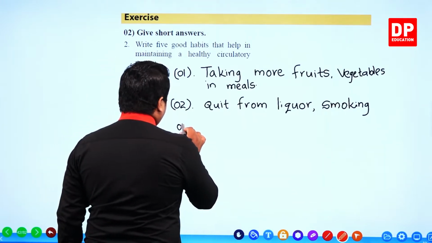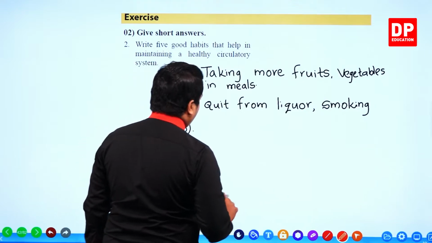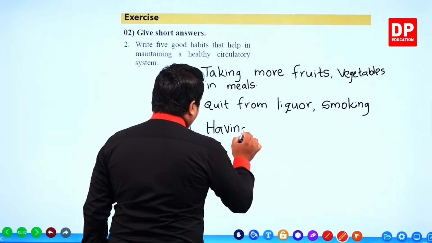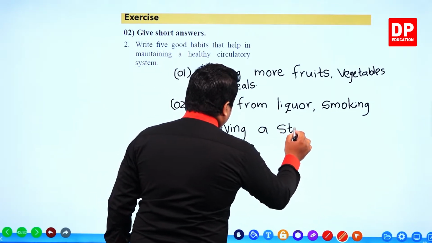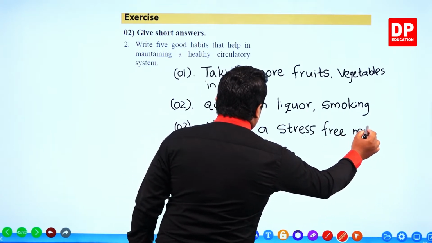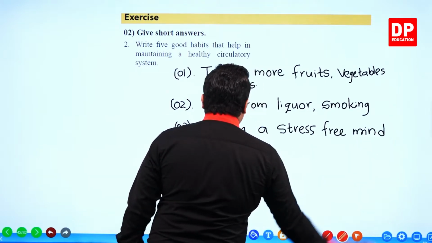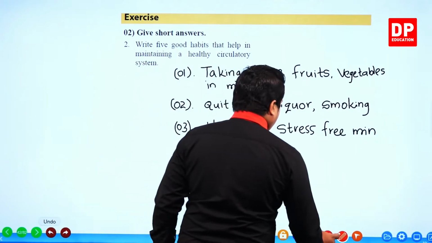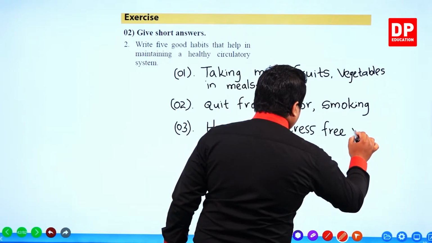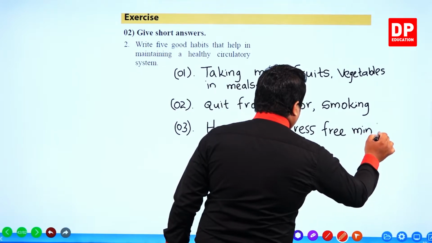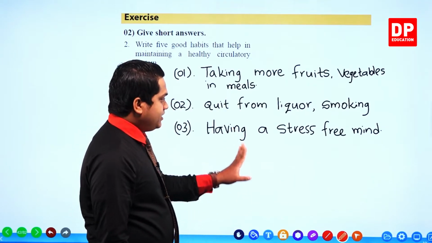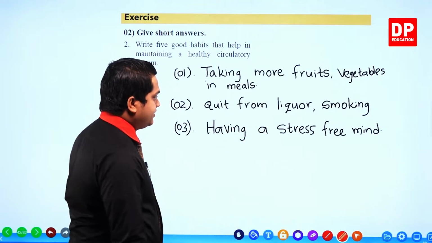Then number 3, having a stress free mind. That is also very important, my dear children. I told you that our mind should be stress free. So having a stress free mind.